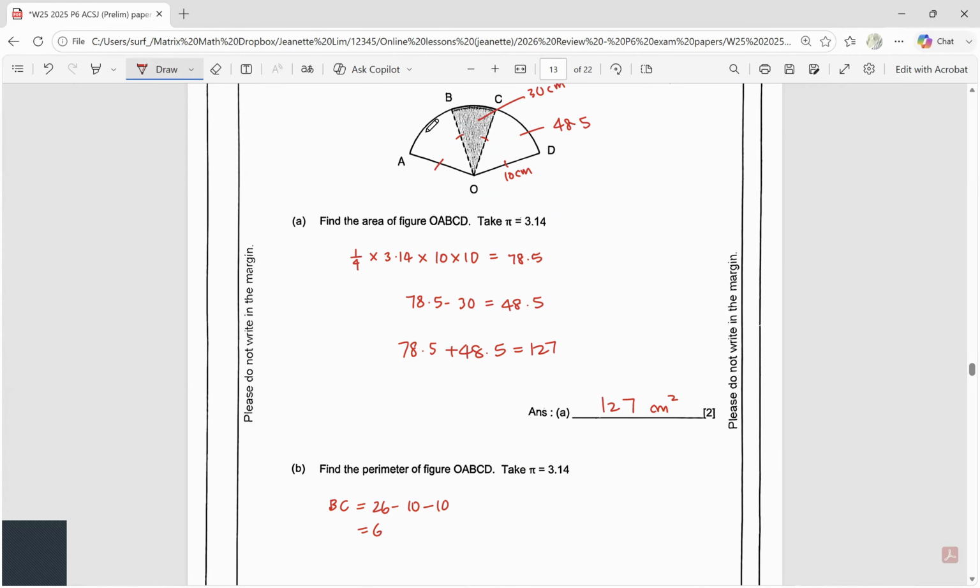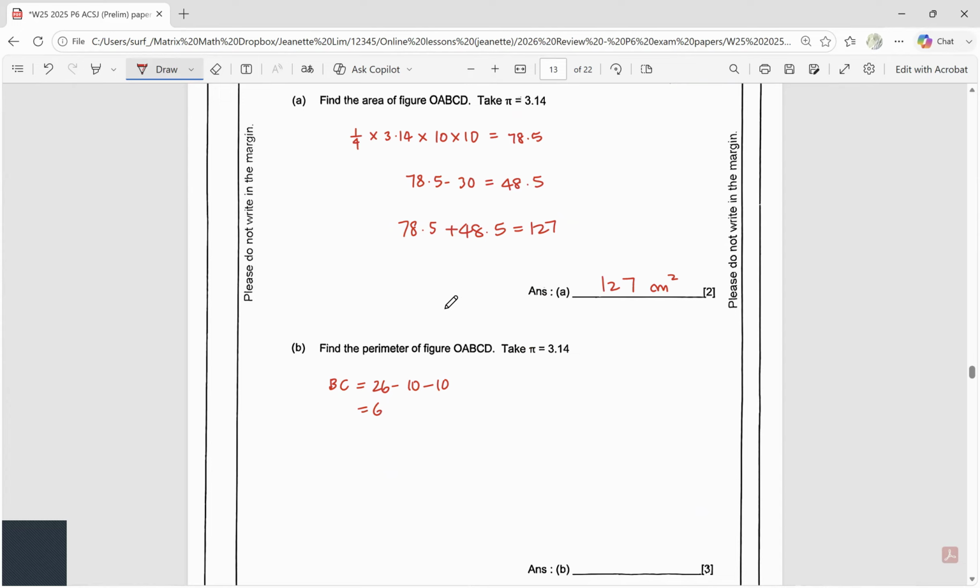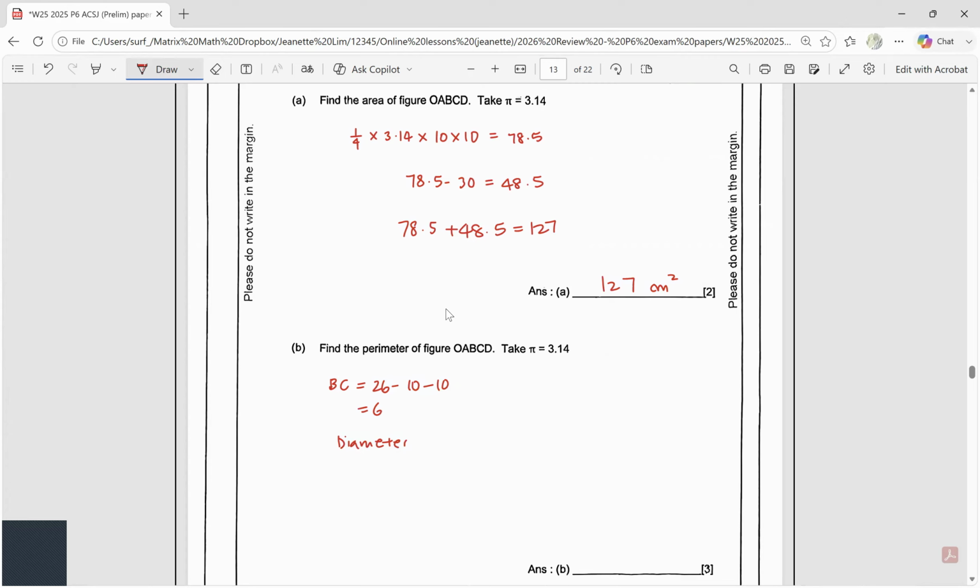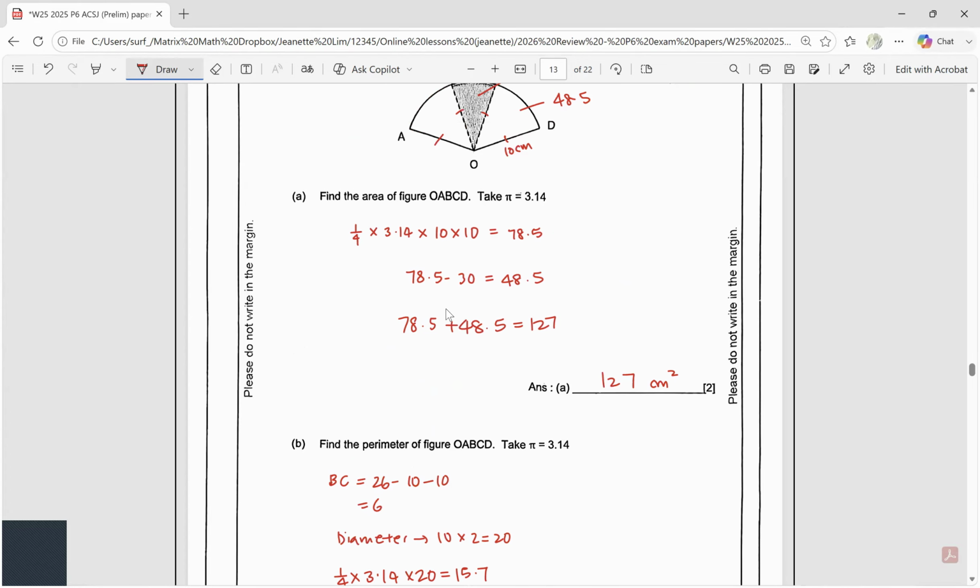Now let's find the arc of a quadrant. To find the arc of a quadrant, I need to use the formula pi times diameter. So diameter is 10 times 2, which is 20. So the arc of a quadrant is 1/4 times pi times diameter, which is 15.7.